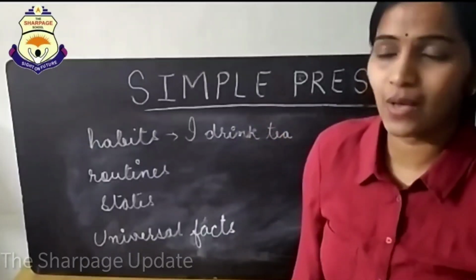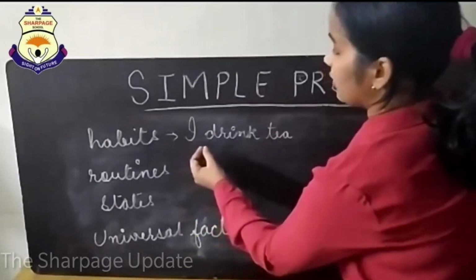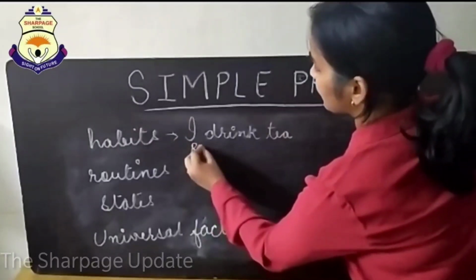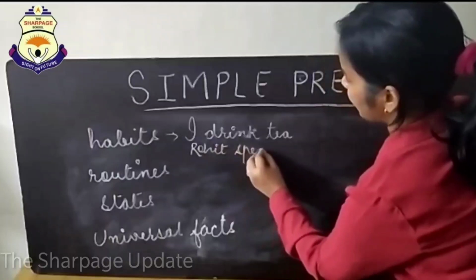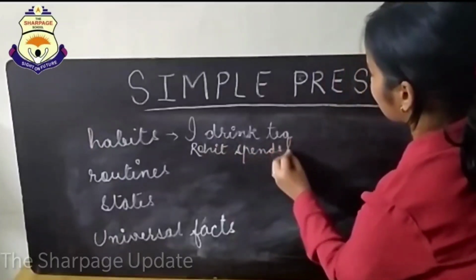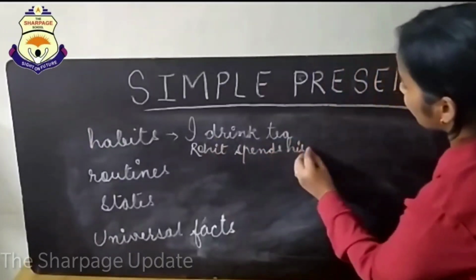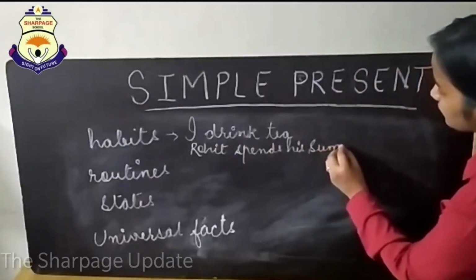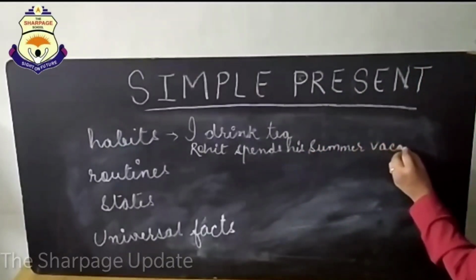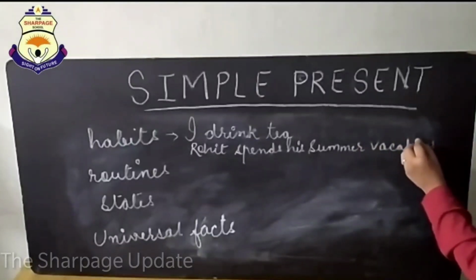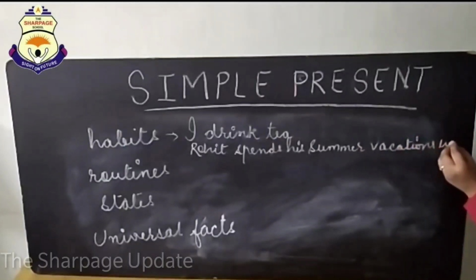Let's take another example. Rohit spends his summer vacations with his parents.